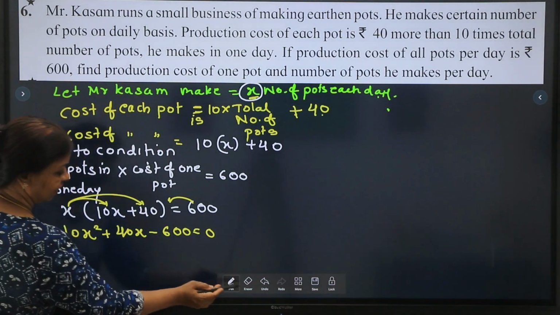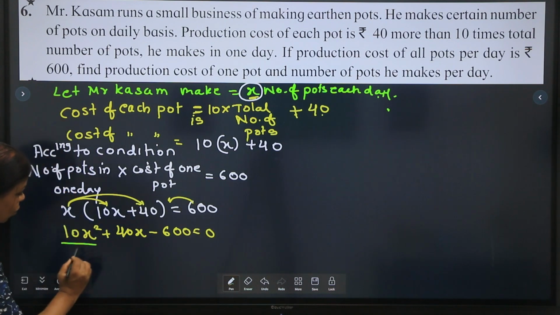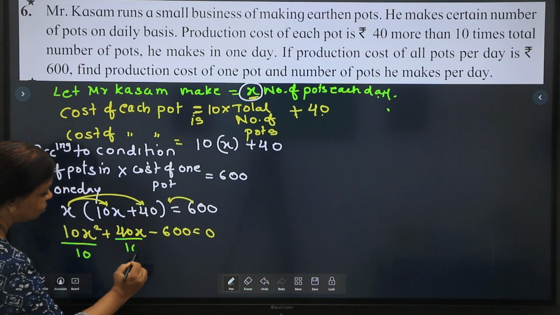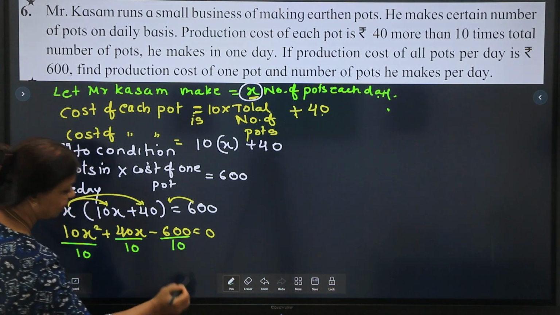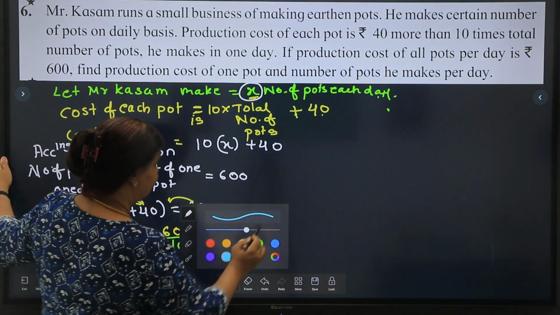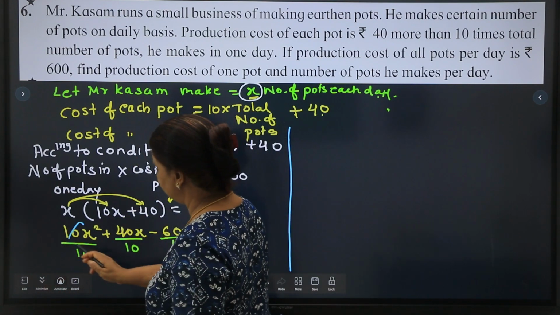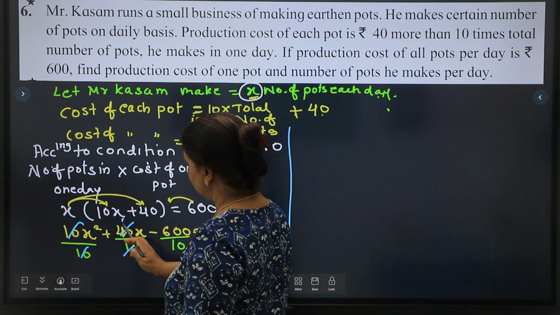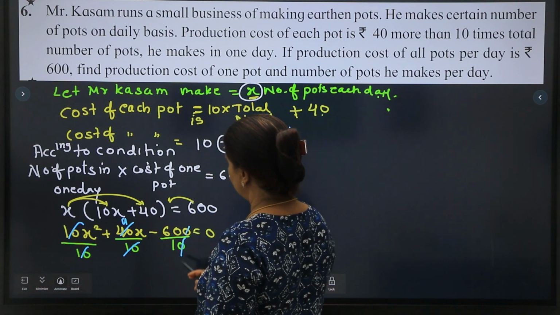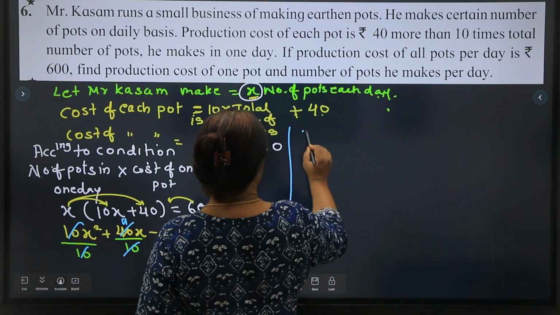So it becomes easy for us to calculate. And what will be the final? 10 and 10 get cancelled. 10 4s are 40, 60 will come. Okay.